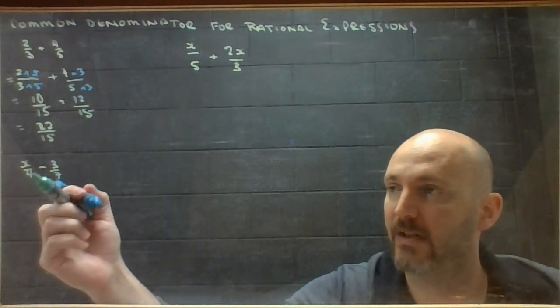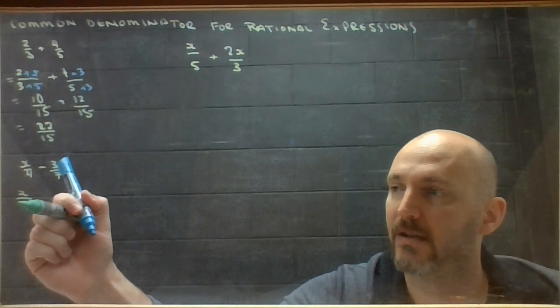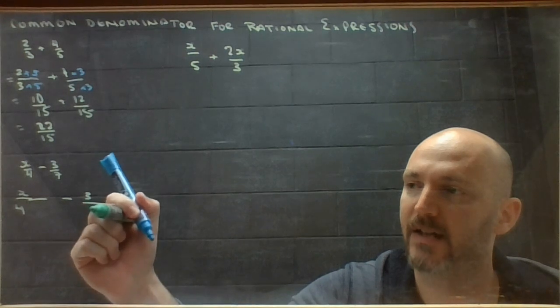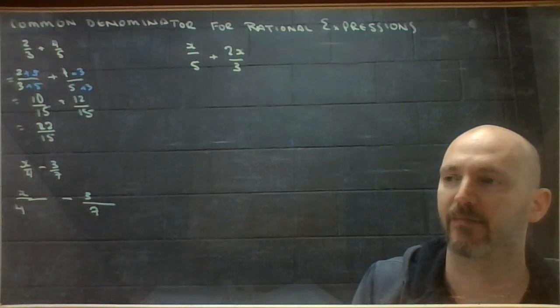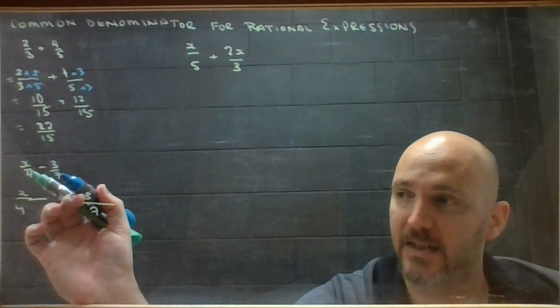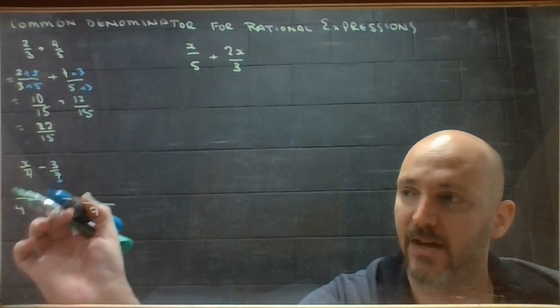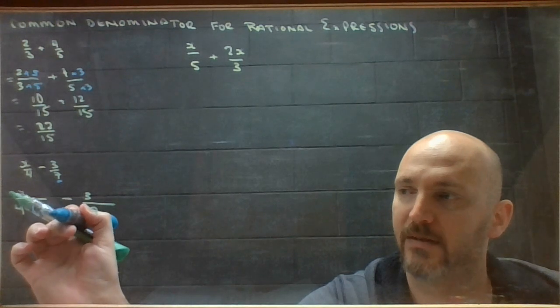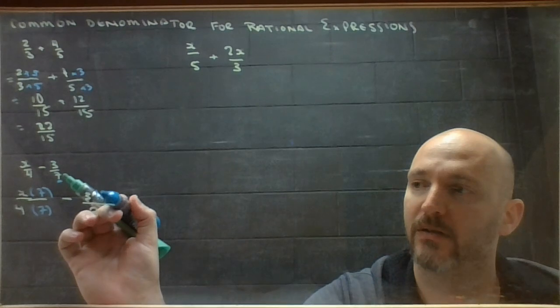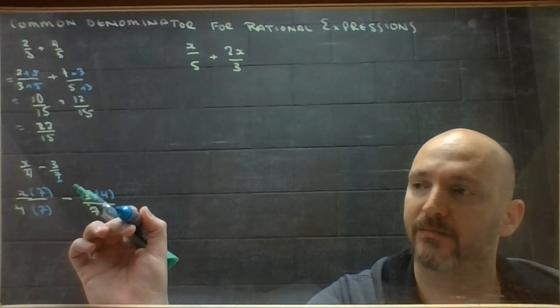I see a fraction here that does have a 4 in the bottom, and I have a fraction here that does have a 7 in the bottom. To make these denominators match, I just need to introduce a factor of 7 to the front fraction and a factor of 4 to the back fraction.